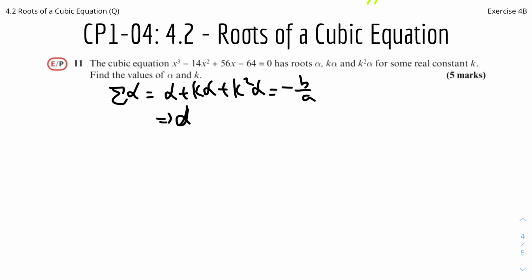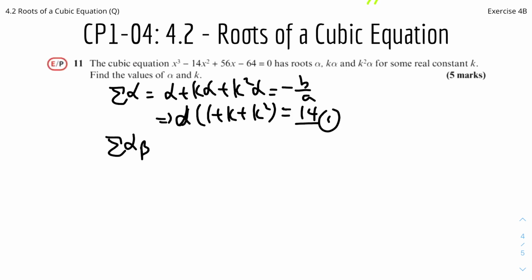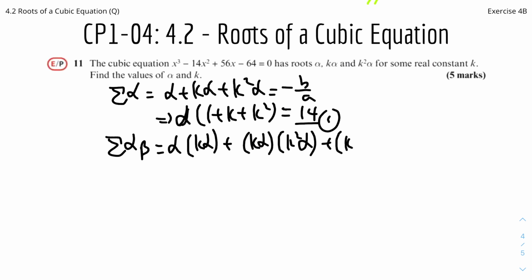And therefore we can just factorize an alpha out. Alpha times 1 plus k plus k squared equals minus b. B is minus 14 and a is 1. Therefore it equals 14. That's number 1. And number 2 is the sum of the product pairs. This equals alpha times k alpha plus k alpha times k squared alpha plus k squared alpha times alpha equals c over a.